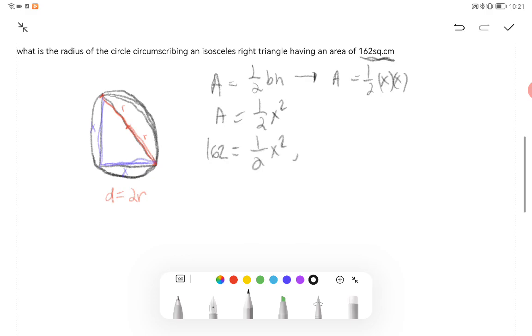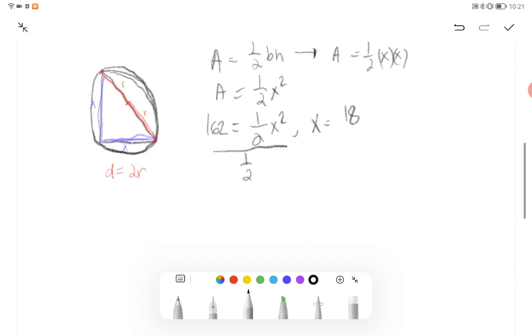So we can use our calculator to get the value. So we have 162 is equal to 1/2 x squared. Shift solve, we obtain the value of 18. So our value of x is equal to 18. If you don't have a calculator, we can divide this by 1/2. So we will have 162 divided by 1/2 is equal to x squared.